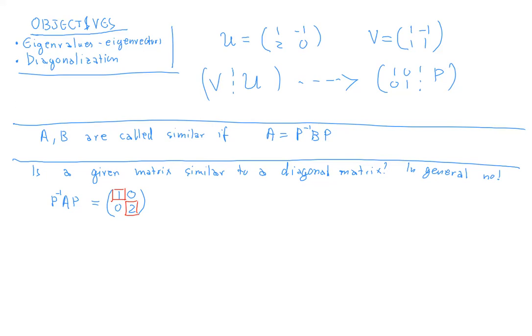And the answer is no. The numbers on the diagonal are numbers that are specific to the matrix. They're so important that we give them a name that is going to become a little more general very soon. But we call them specific or special values.